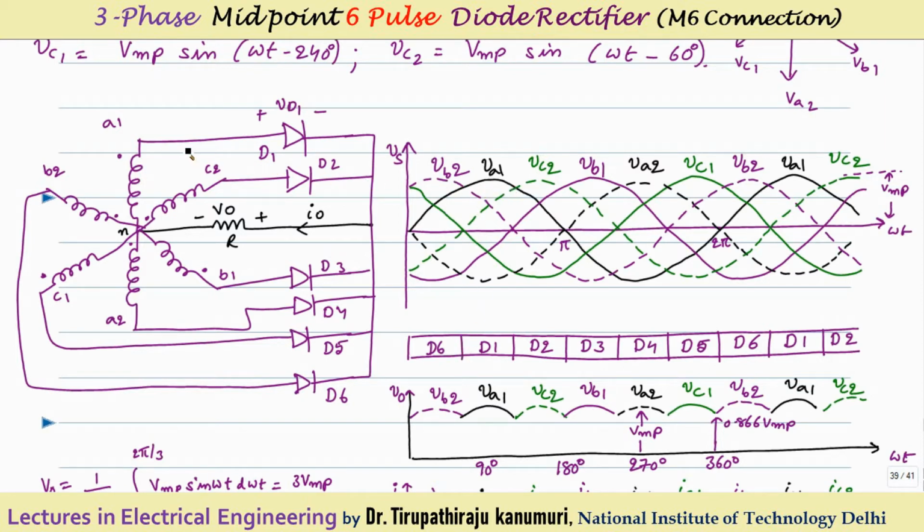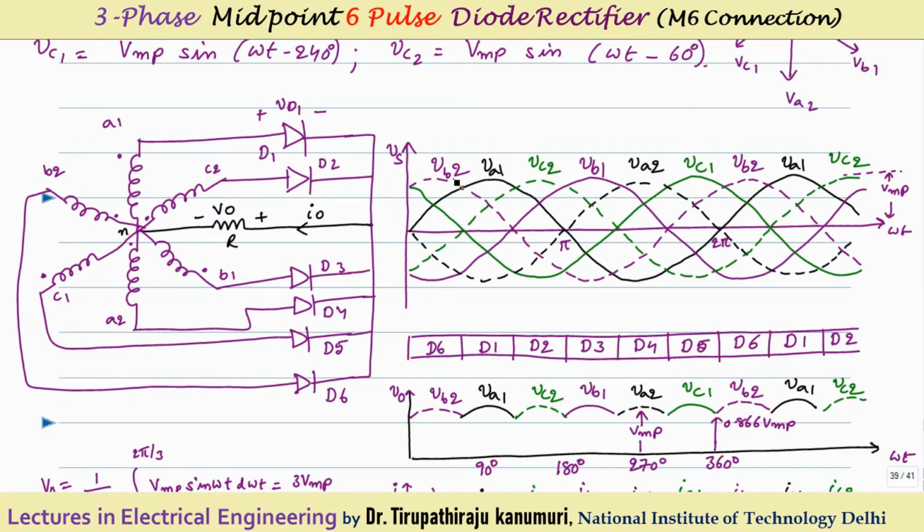VA1 is connected to diode D1, so D1 will conduct, followed by D2, D3, D4, D5, D6, and again D1, D2. In this order they will follow. Or we can say, if you remove this D6, you can see they are conducting in serial order. Getting it?